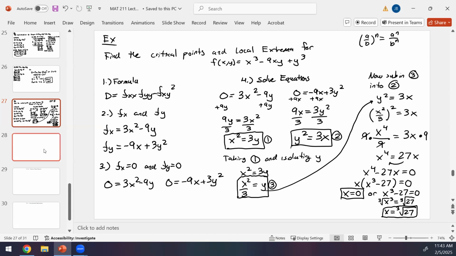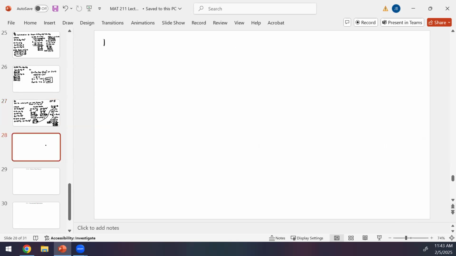So now that I have my x values, find the y values of x equals 0 and x equals square root, correction, cube root of 27, which if you think about it, what is the cube root of 27?